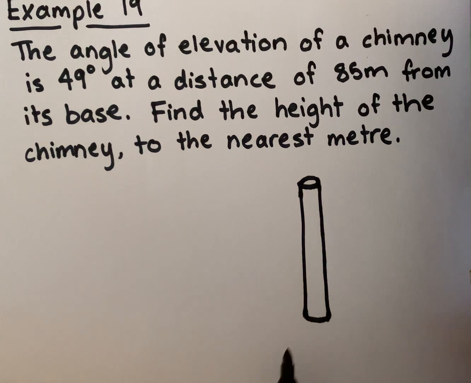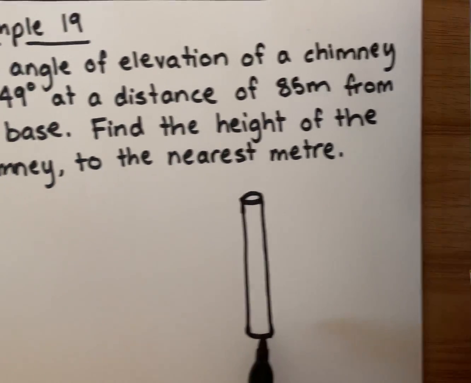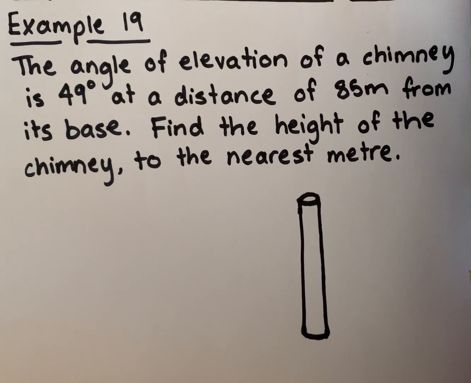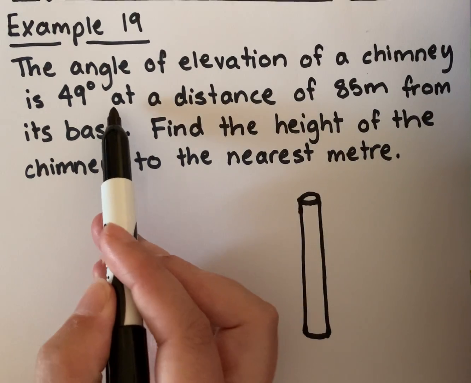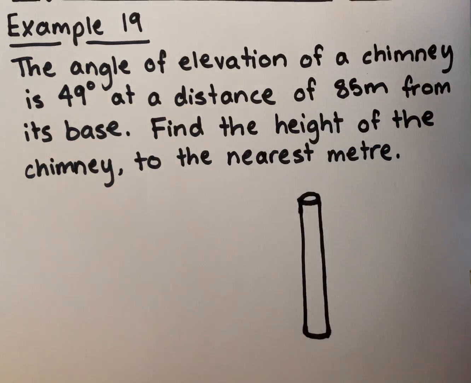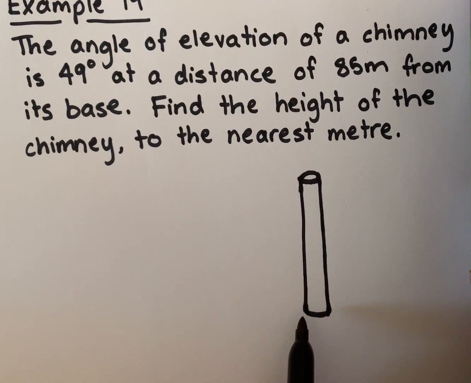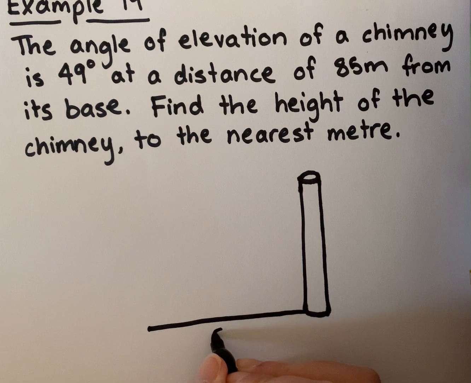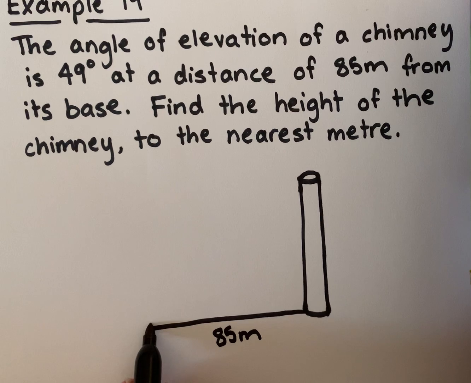So we can put that wherever we like. The base of the chimney is here. We can go 85 meters to this side. We could even go 85 meters to this side here. It doesn't matter. It just says that we're at a distance of 85 meters from the base of the chimney. So I'm going to go this way because I have more room on this side. And I know that that's a distance of 85 meters from the base of the chimney there. So I'm at this point here.